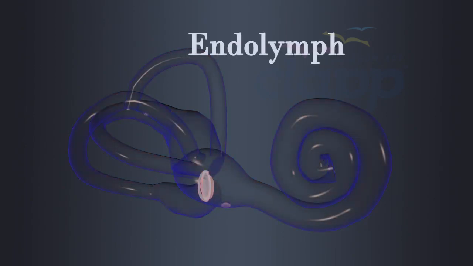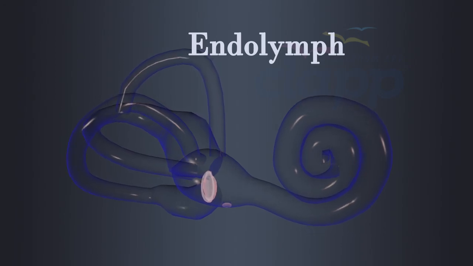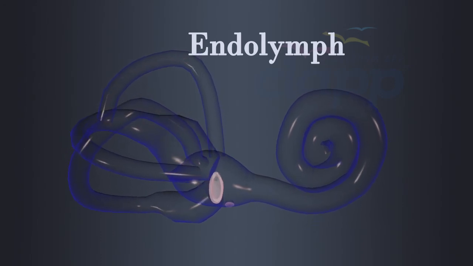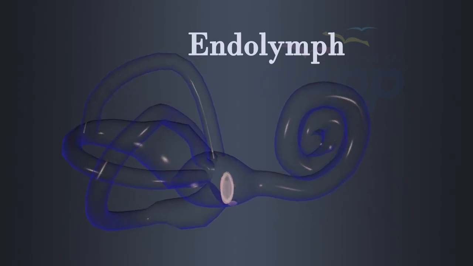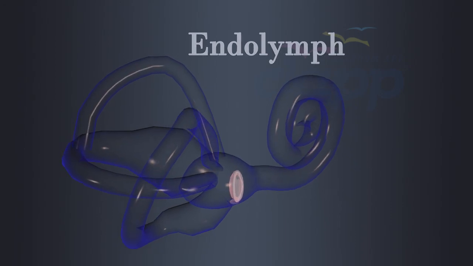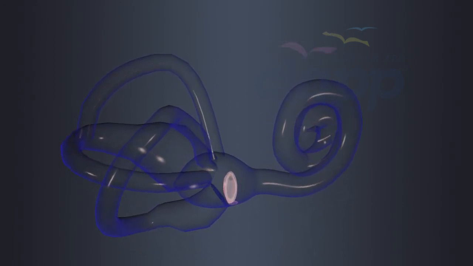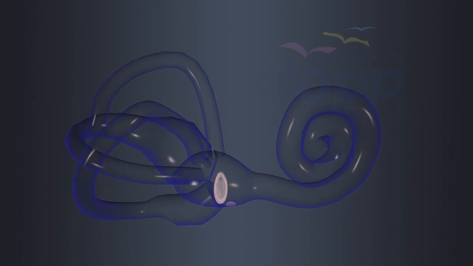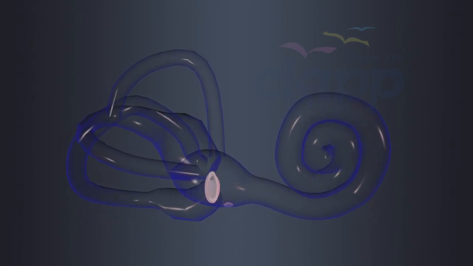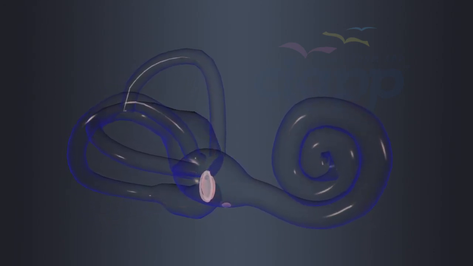Endolymph plays a crucial role in maintaining the proper functions of sensory structures responsible for both hearing and body balance, and it also helps to transmit sound vibrations. Endolymph is filled inside the cochlea, vestibule, and three semicircular canals.